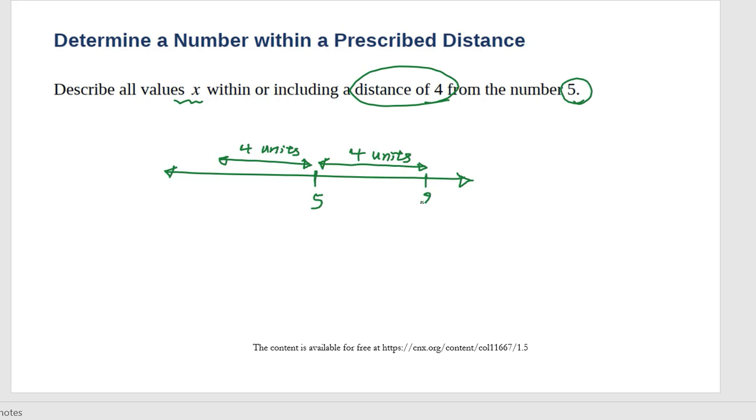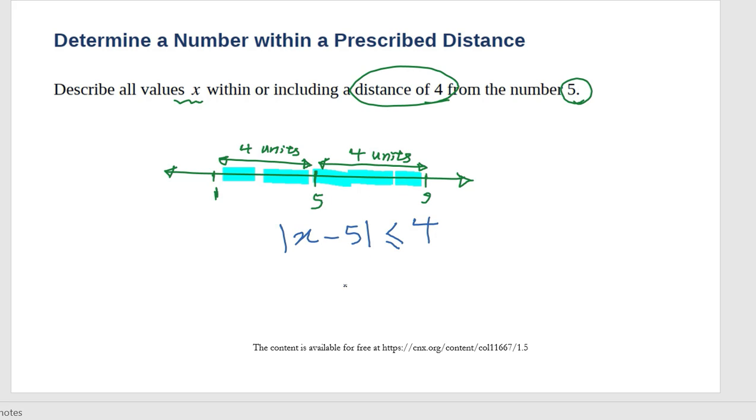So here we have 9, here we have 1. So x can be anywhere within the 4 units far from 5. That means the distance of x from 5 is less than or equal to 4.